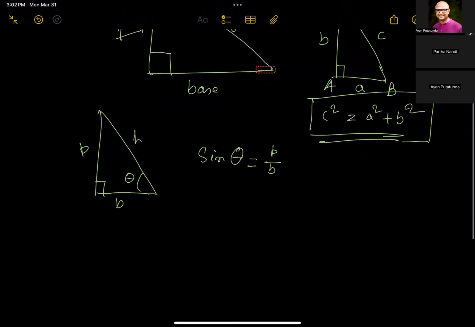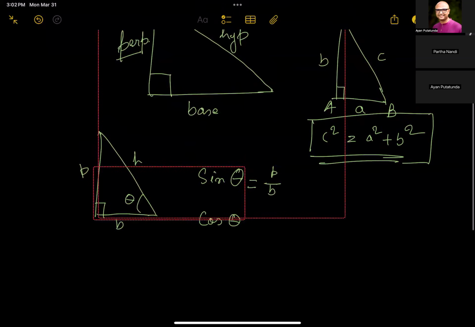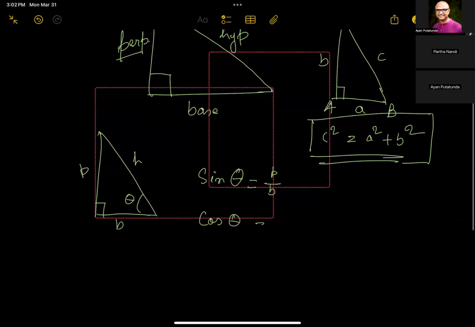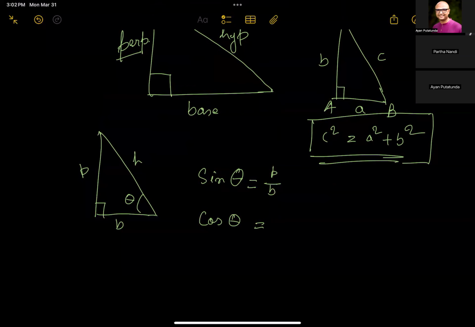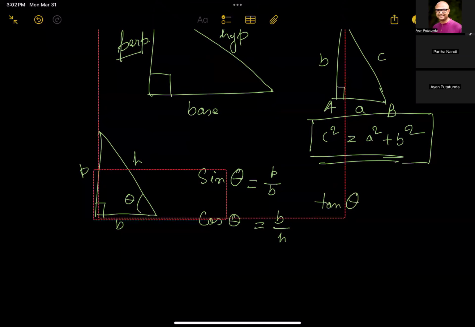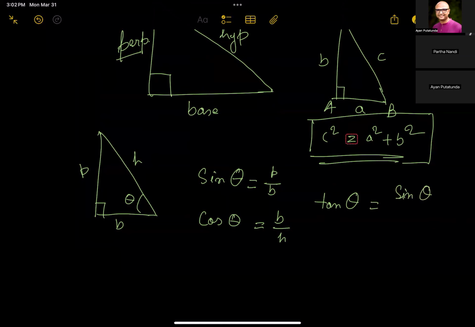Okay. And then cos theta similarly. What was the definition of cos theta? The definition for cos theta was base by hypotenuse. Okay. Now tan theta, right, tan theta comes in a ratio of sine theta by cos theta.